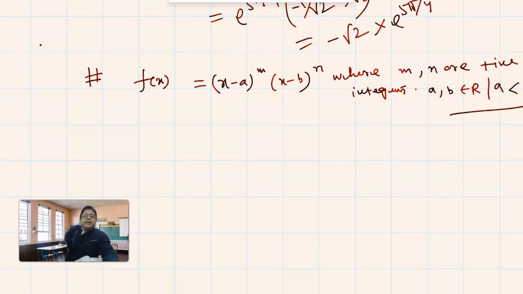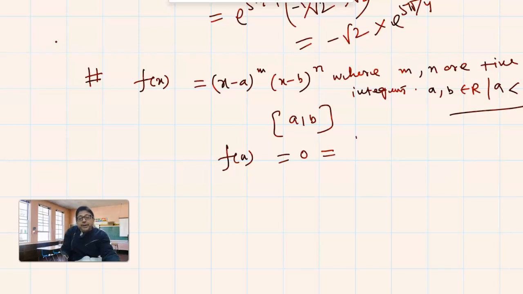The interval was not specified, but suppose they have asked you to check in the interval a, b. You will say that the function is continuous in this closed interval and differentiable in the open interval a, b. And what is f(a) here? a minus a, it is going to be 0.